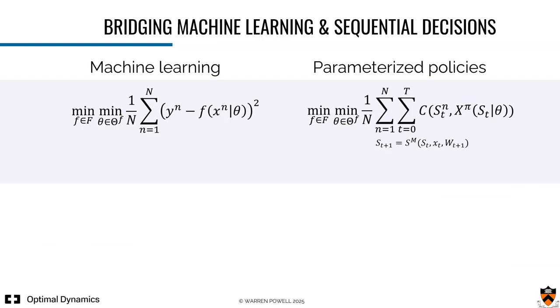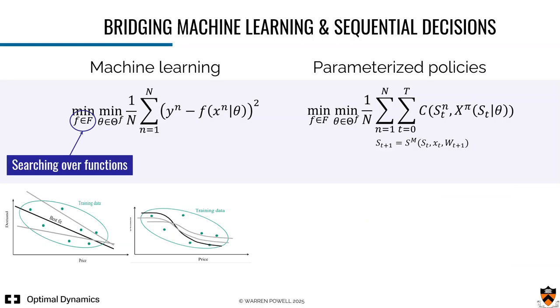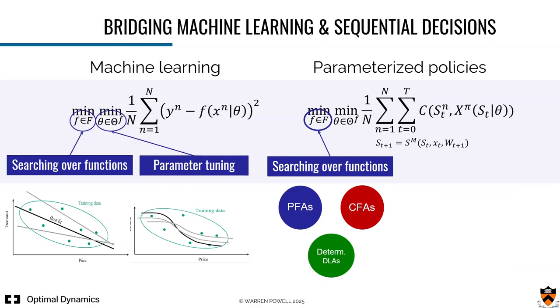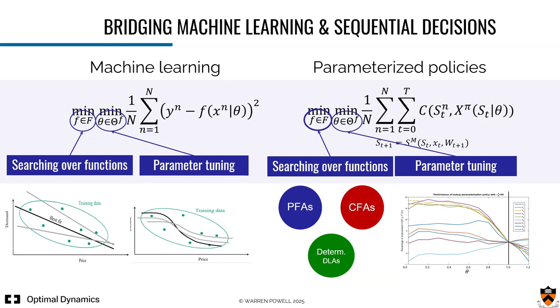Now, let's compare machine learning to using parameterized policies. With machine learning, I have to search over functions like my linear function or maybe my logistic regression, and then whichever function I choose, I have to do parameter tuning using a training data set. If I limit myself to the parameterized policies, the category 1, PFAs, CFAs, and deterministic DLAs, I can parameterize all of them, usually do, and I have that parameterization.